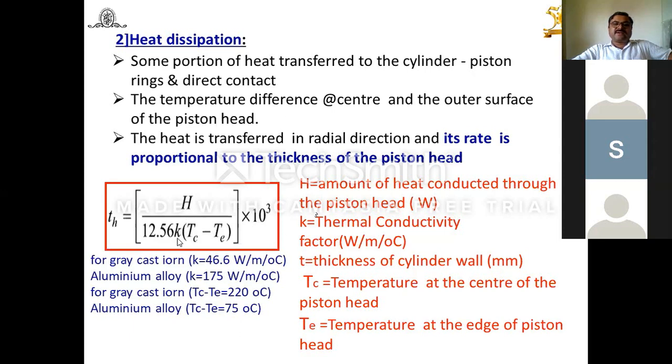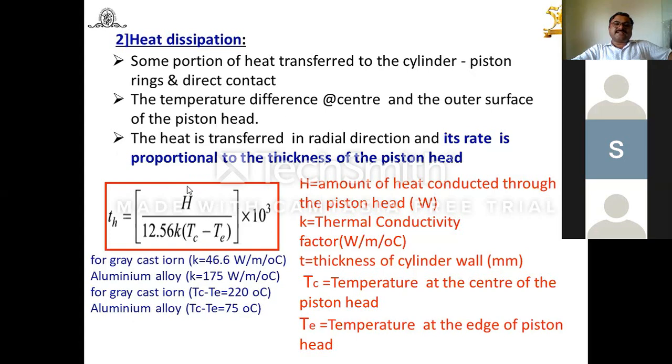Its value for cast iron is 46.6 watt per meter per degree Celsius. For aluminum alloy, 175 watt per meter per degree Celsius. For gray cast iron, the temperature difference Tc minus T is given as 220 degrees, and for aluminum alloy 75 degrees, because at the center it is maximum and on the outer side it is less.